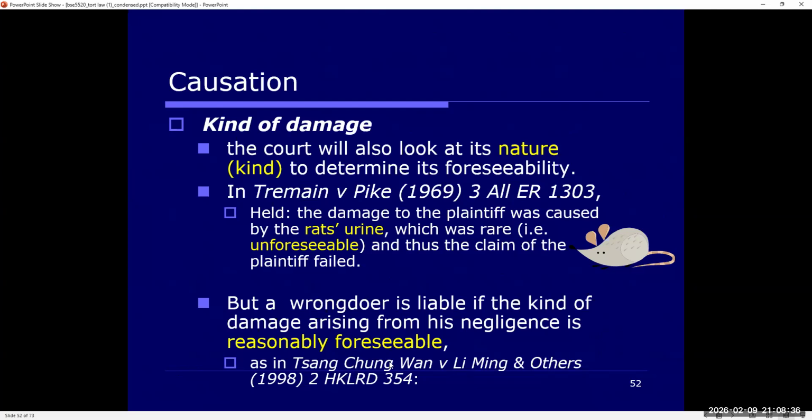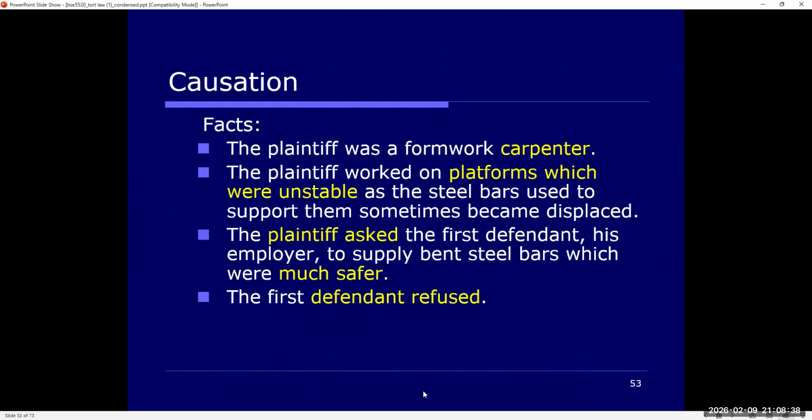The precedent is the Zheng Chong Wan case. In that case, the plaintiff was a formwork carpenter, the man working on woodwork. He worked on platforms which were unstable, and the plaintiff asked the first defendant, who is his employer, the company owner, whether bending steel bars there would be safe.